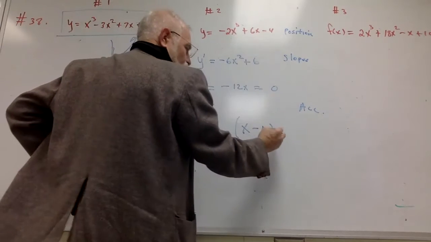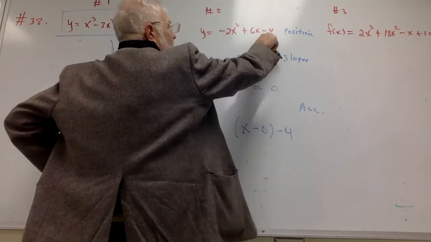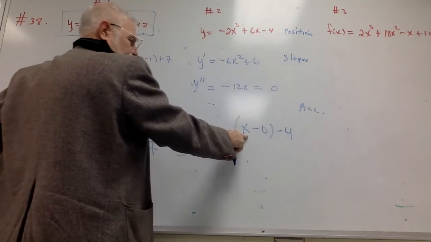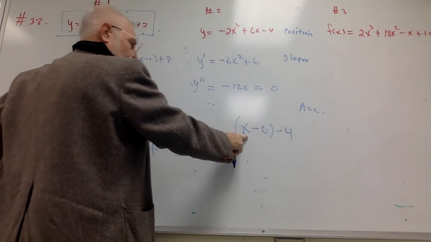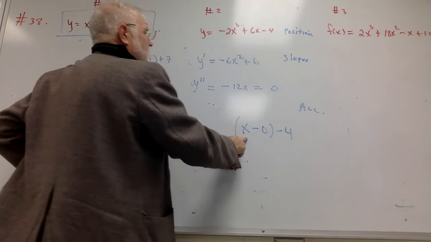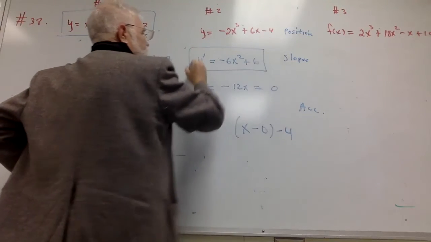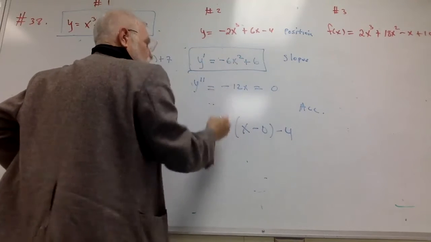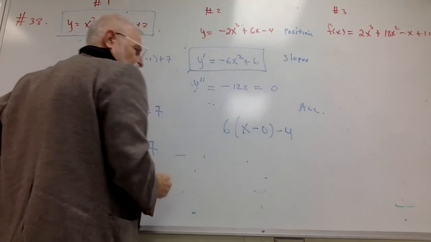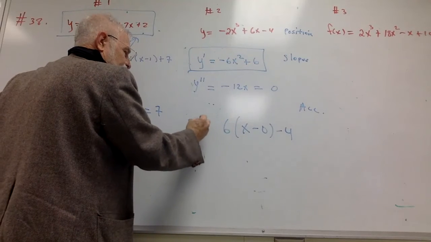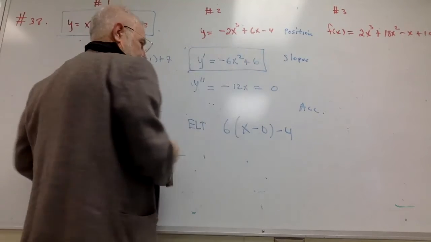Oh, I'm at negative 4. That's my position at that x value. I need to know at what rate I'm changing. I've got to go to the slope function and plug in 0. Looks like I'm changing at 6 to 1. There's my equation of the line tangent to this function.